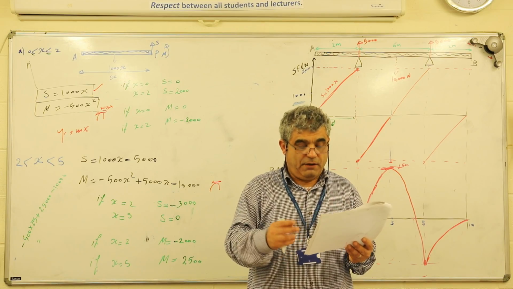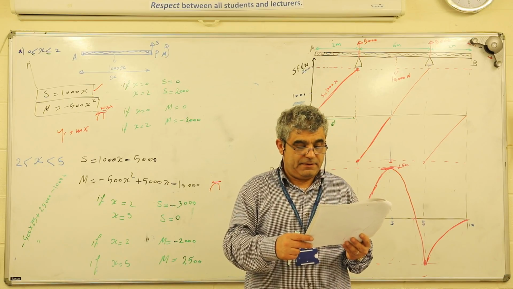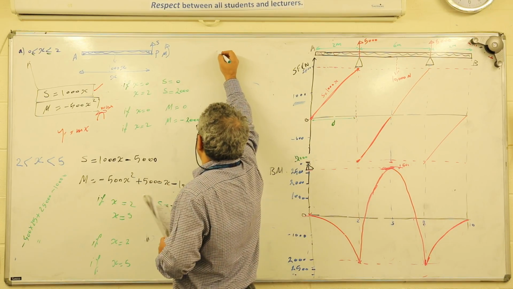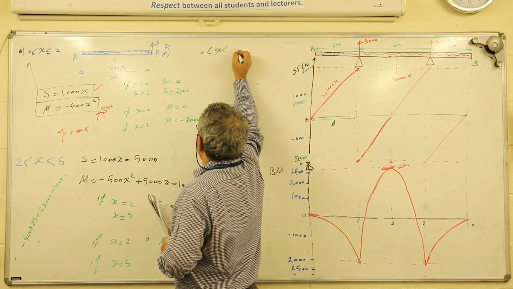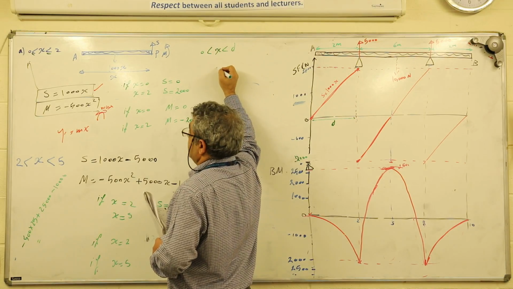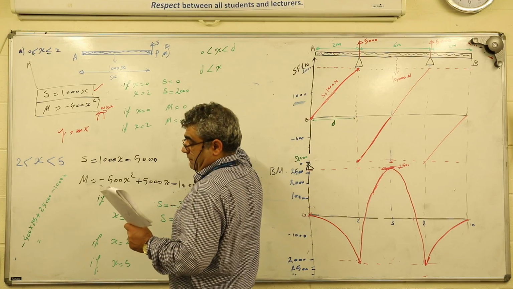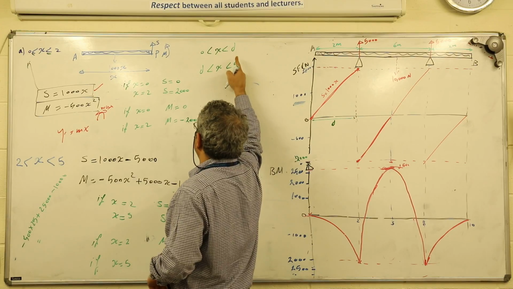How much we can move, which is going to be the same. So basically, for the first equation, x should be bigger than 0, less than d. And for the second situation, x should be bigger than d, less than 5. Am I right?